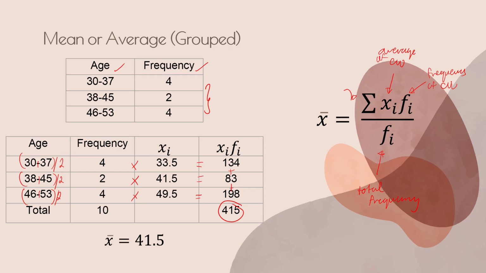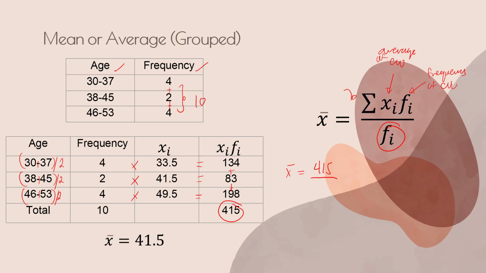So substituting into our formula, you get x bar is equal to 415 divided by the total number of observations, or the total frequency, which is 4 plus 2 plus 4. That would give us 10.